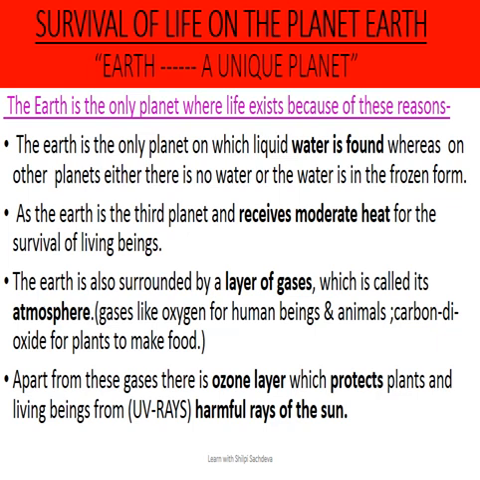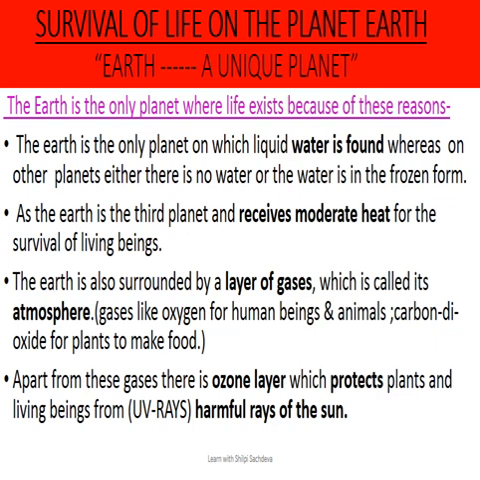Thus, the Earth is also called the blue planet. The Earth is also a unique planet where life exists because of the following reasons. The Earth is the only planet on which liquid water is found, whereas on the other planets either there is no water or the water is in frozen form.